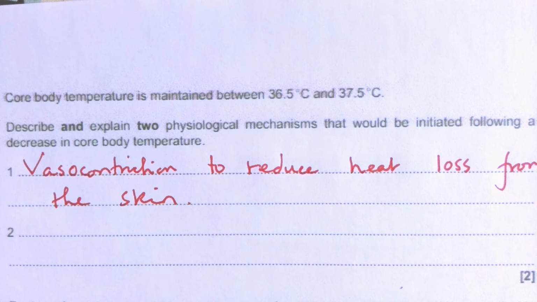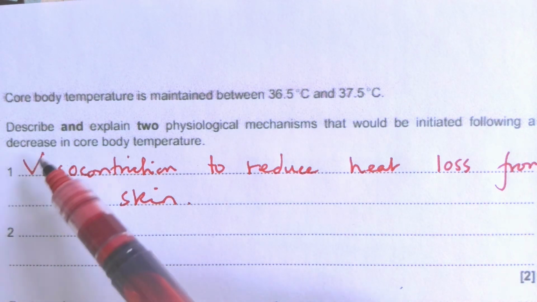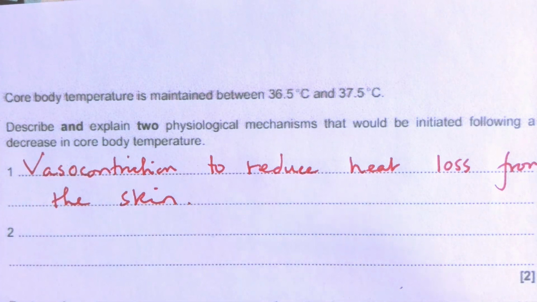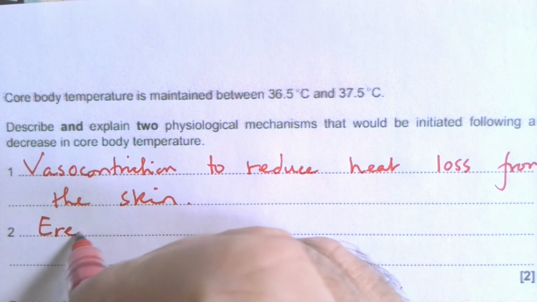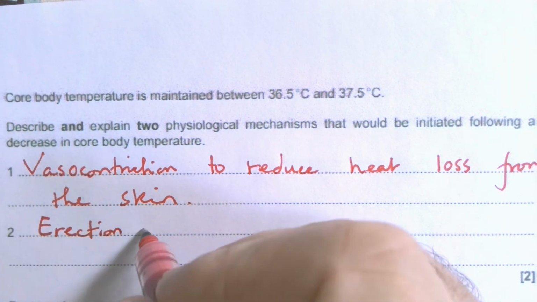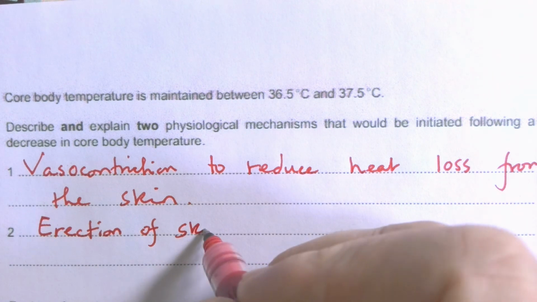The alternative third answer that would be in the marking scheme would be about the hairs on the skin either rising or flattening. So in this case, let's look again. We've got a decrease in core body temperature. That means we want to keep heat in. That means the hairs are going to rise. All right, we could write the erection of the hairs on the skin. So let's put that down. Erection of hairs on skin, or erection of skin hairs.